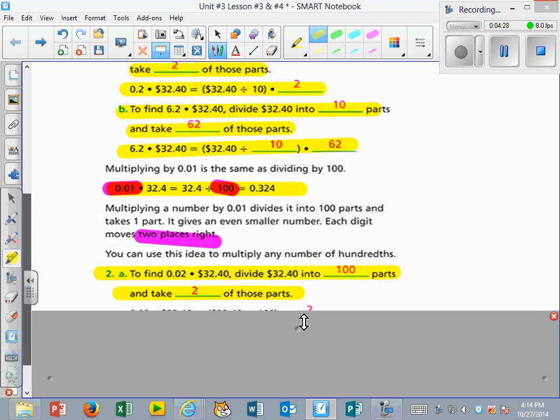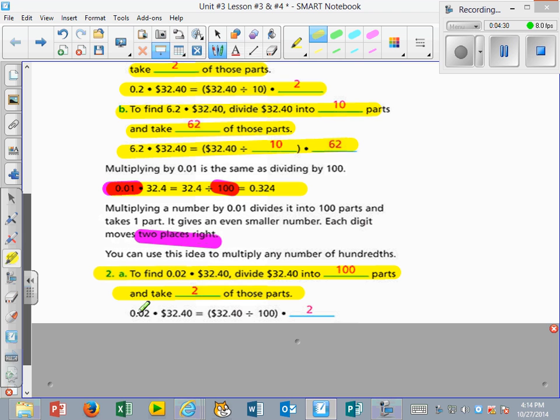Finishing this out, 0.02 times $32.40 is the same as $32.40 divided by 100 times 2.